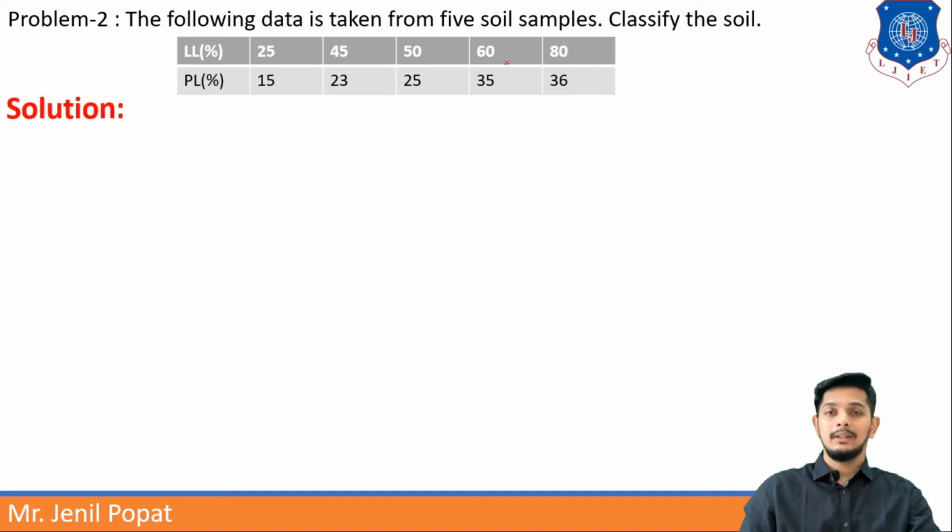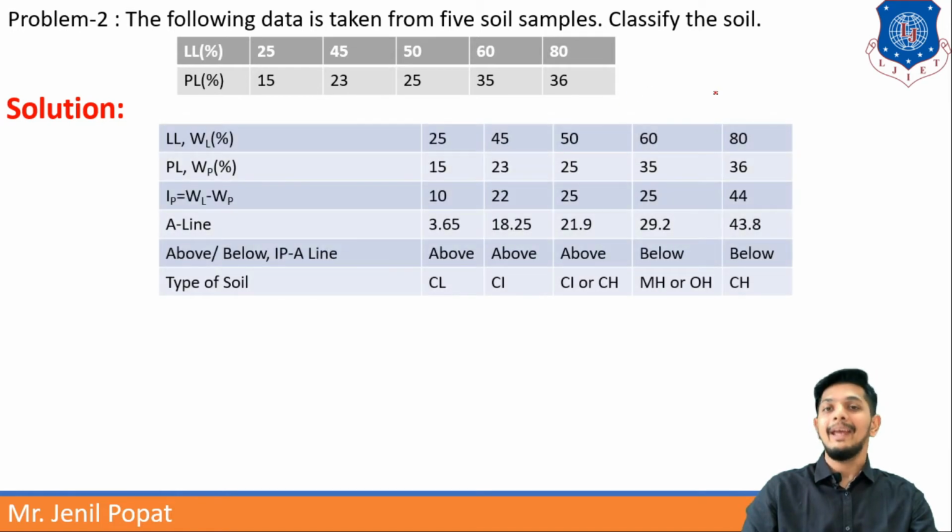Let us solve this. As there are 5 soil samples, we need to prepare a table. We don't want to create a complex calculation, we have to keep it simple, that is why we prepare a table. You can do it individually also. Here, LL and PL values are written according to the problem. Then I have found IP, the plasticity index, WL minus WP.